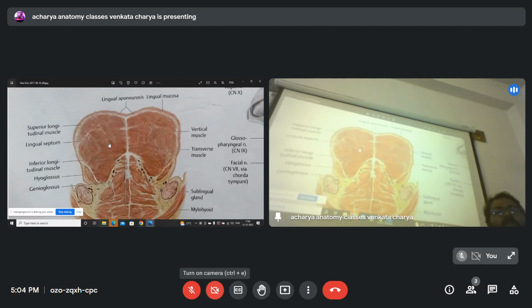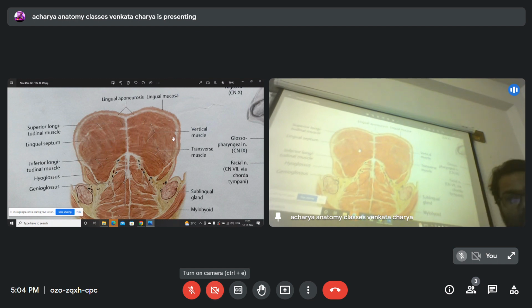Next, the inferior longitudinal muscle, the transverse muscle and the vertical muscle. Intrinsic means within the tongue: the muscle originates in the tongue and is inserted into the tongue only. Extrinsic muscles originate from the outside and are inserted into the tongue. Are you getting it?